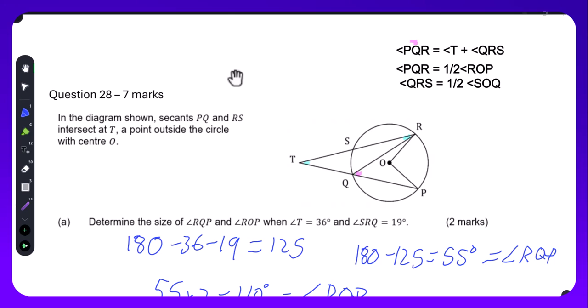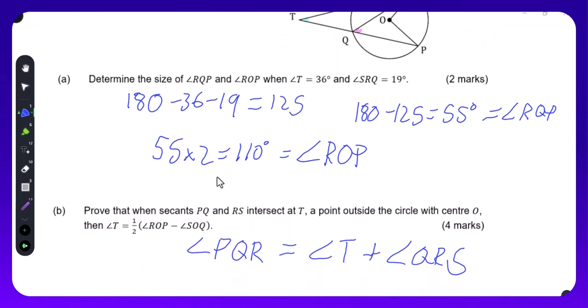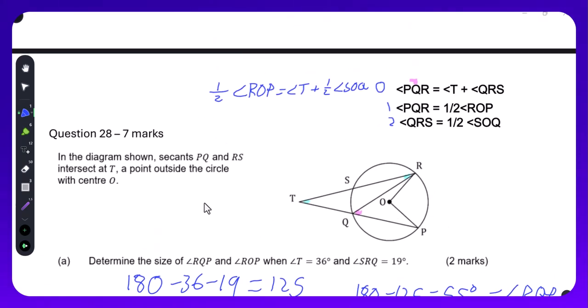Now if we substitute in our definitions for our angles that we've just obtained from lines 1 and 2 into our original line there, this is what we'll get. And then if we take away the half SOQ, because we want to have T by itself on one side, we will end up getting angle T equals half angle ROP minus half angle SOQ.